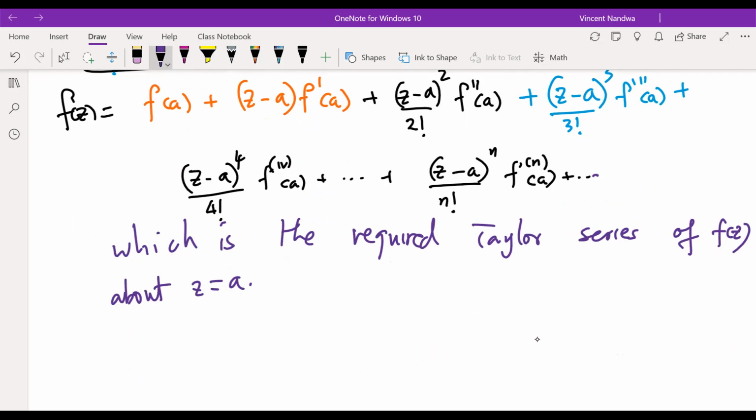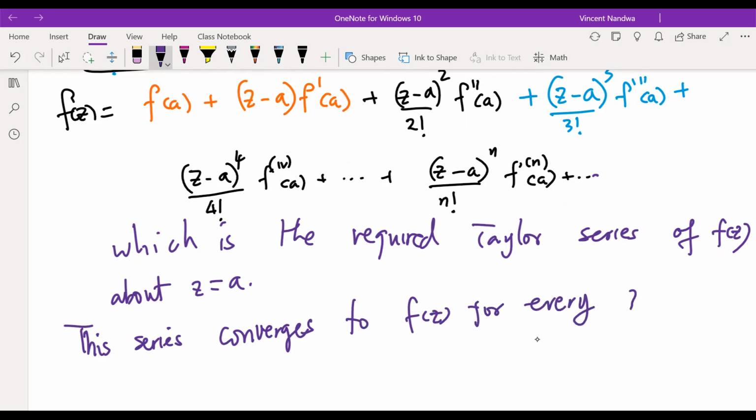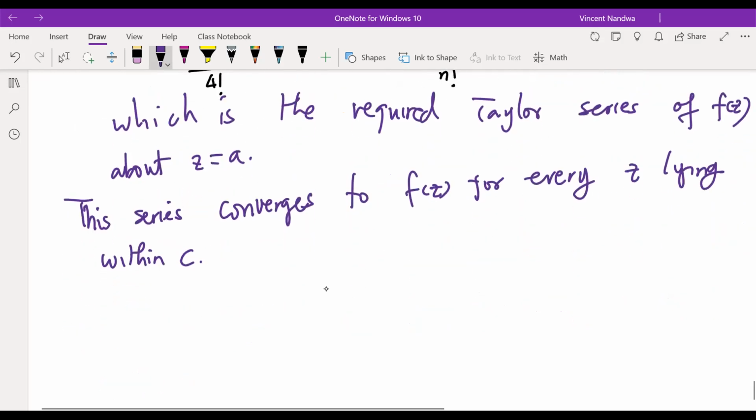So this series converges to f of z for every z lying within the circle C. So that's how we prove the Taylor series for a function of a complex variable f of z.